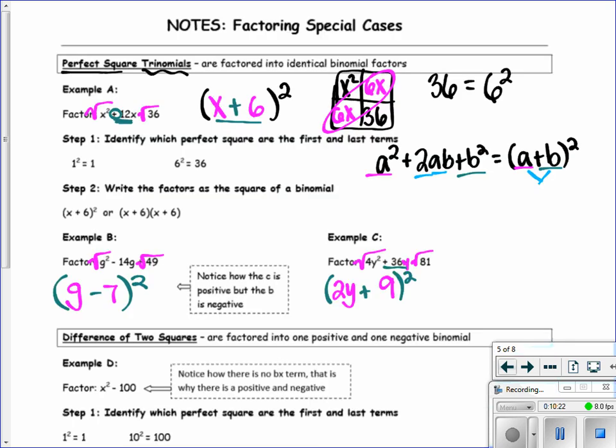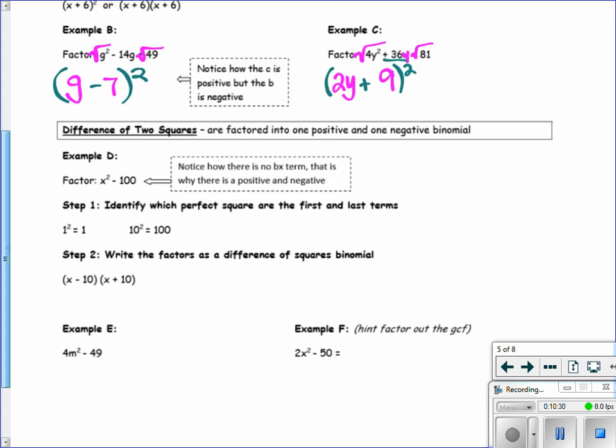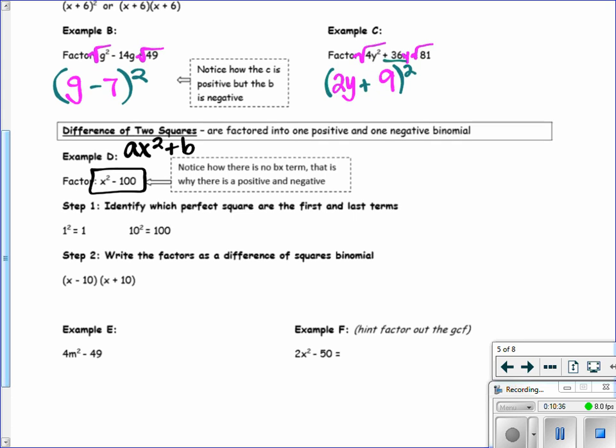Let's look at another special case. So the special case we just looked at was perfect square trinomials. This is our second type of special case. This is standard form. Yes, it is a binomial. So what part is missing? Bx, the middle part.